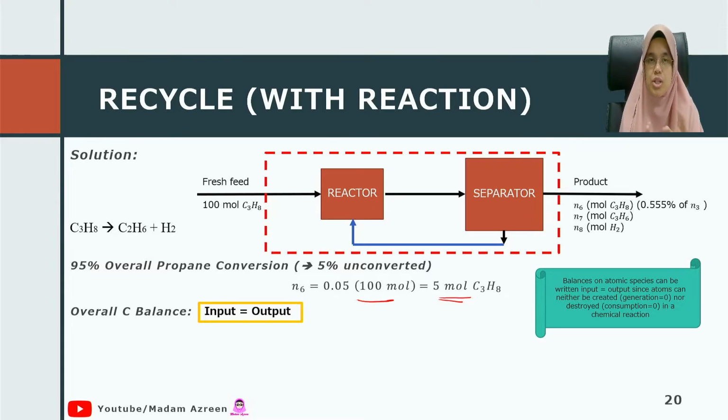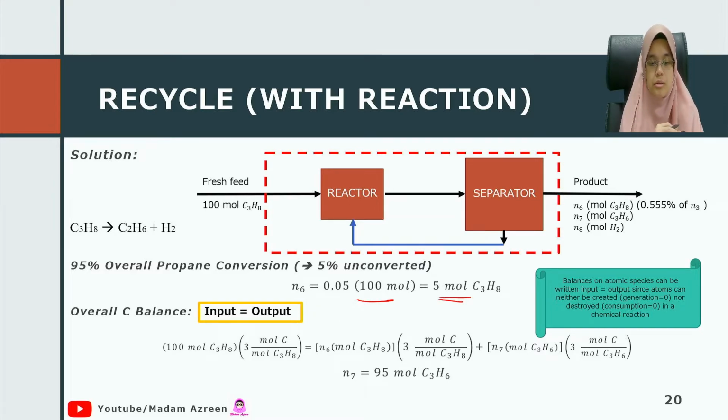There is no generation of new carbon. There is no generation of new hydrogen. It's just the arrangement of the C and H that makes a different molecule, but not the atoms.